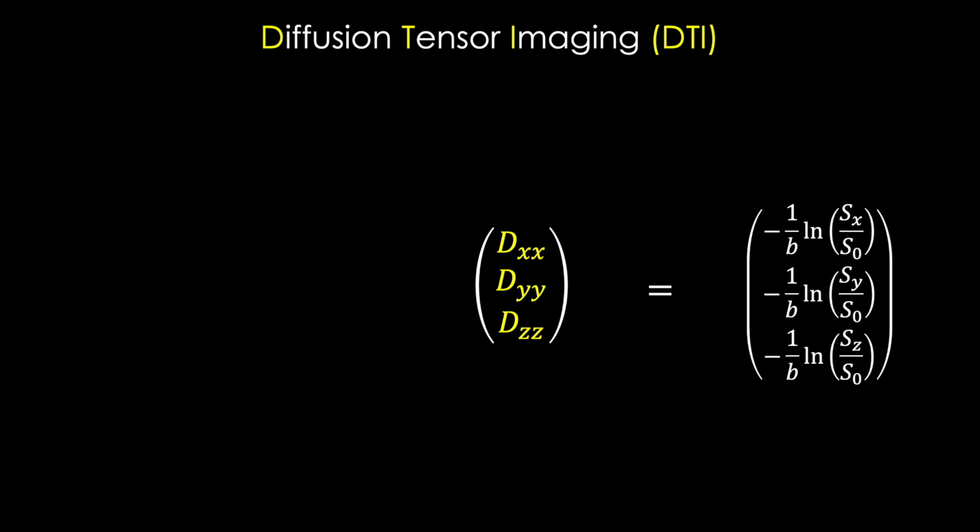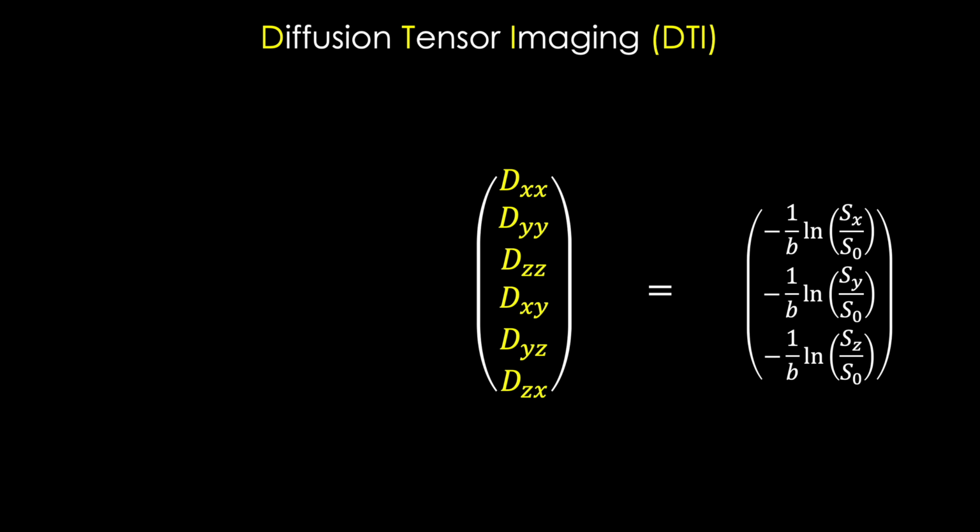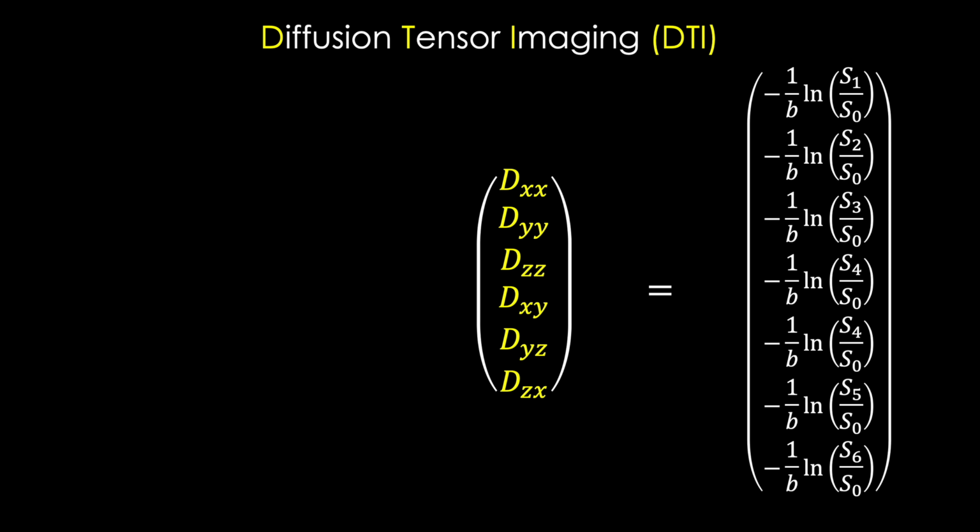But in order to perform diffusion tensor imaging so that we can more accurately characterize the direction and magnitude of diffusion, we need to expand this to include our off-diagonal elements dxy, dyz, and dzx. Now the right side of this equation expands in a similar form to what you would expect, except instead of saying sxx or sxy, we just give it a number, s1, 2, 3, and so on.